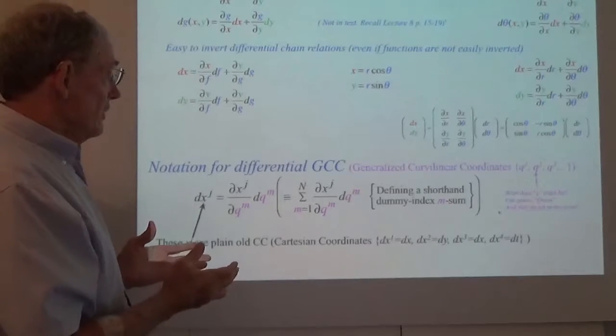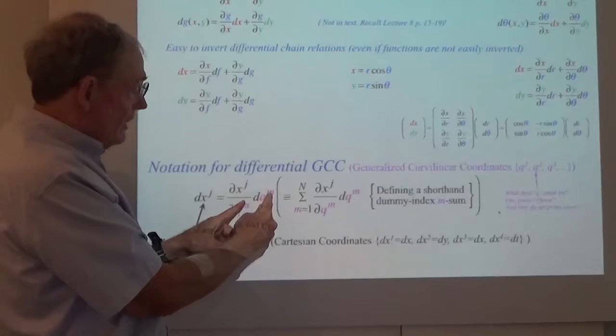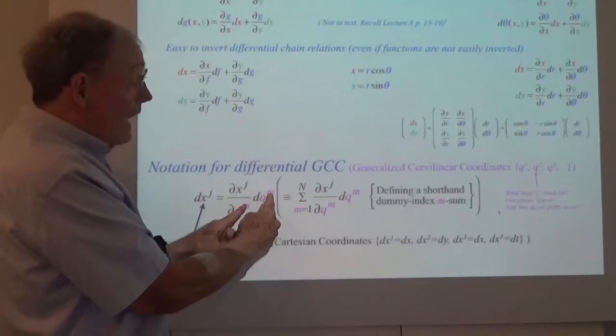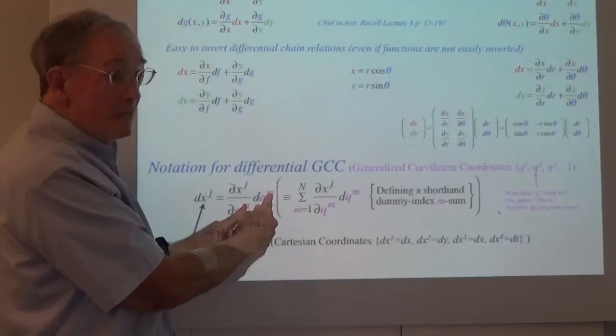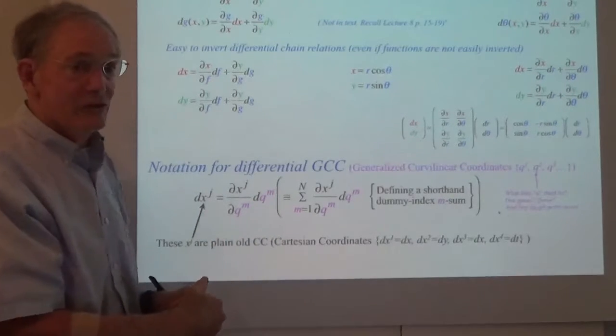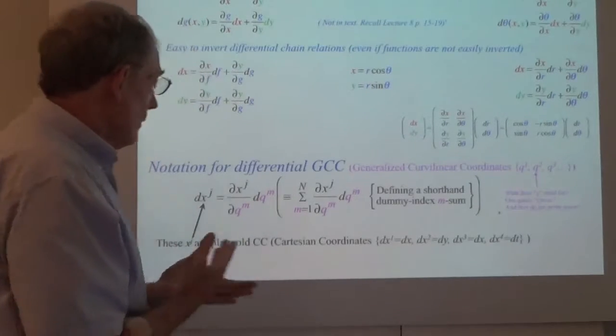So the rule is, if two indices appear with the same letter, same symbol, on one side of the equation, you sum over them. If they appear on both sides of the equation, not necessarily sum, okay? That's basically the dummy index rule, all right?